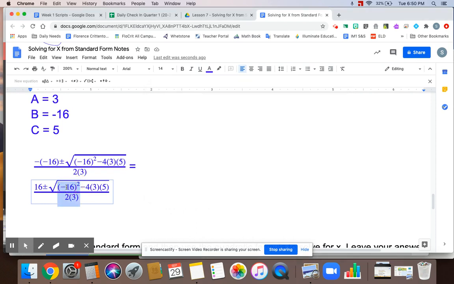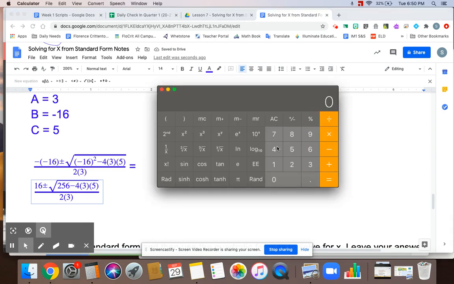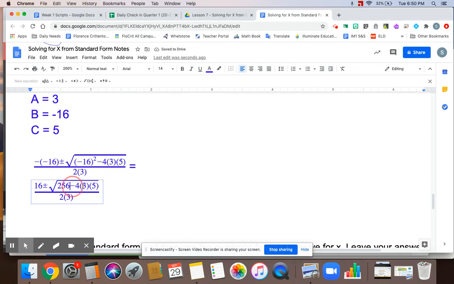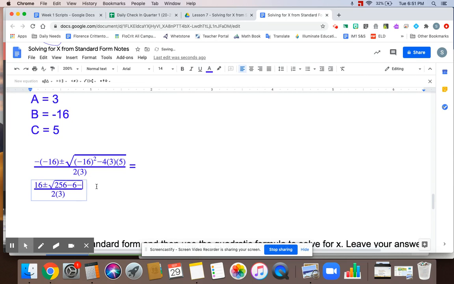So this part becomes 256. Then, if I do negative 4 times the 3 times the 5, I get negative 60. So then this, after the 256, I'm going to write minus because it was negative, and then the numbers became 60. And on the bottom, 2 times 3 is 6.